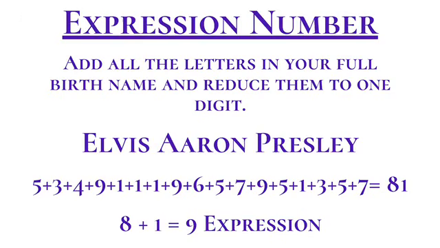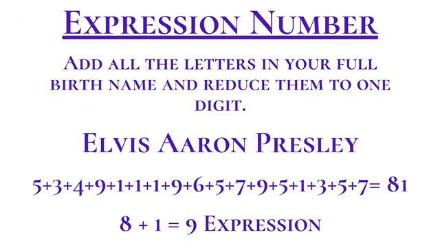And I just found all of the numbers corresponding to all of the letters in his name, and I added all of those numbers together. And the final number I got was an 81. So then I added the 8 and the 1 together because we have to keep breaking these down until we get a single digit. And when I added the 8 and the 1 together, I got a 9. So Elvis's expression number is a 9.